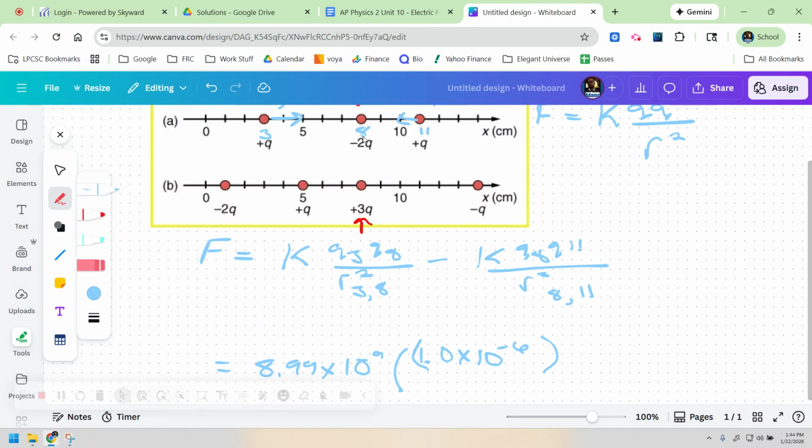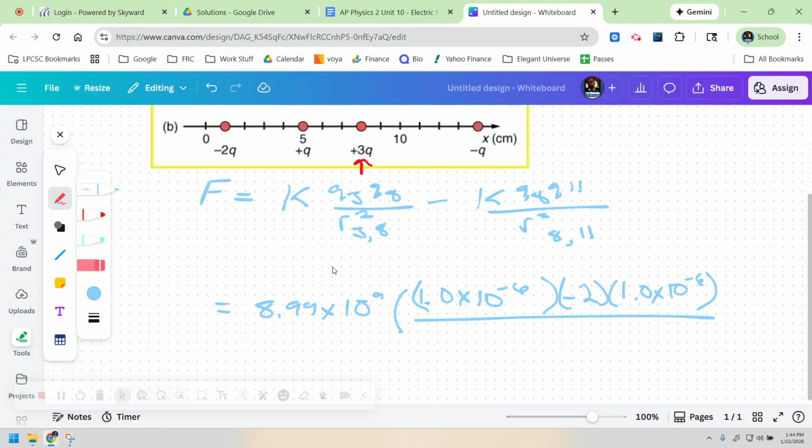And then we're going to multiply that by negative 2, also multiplied by another Q, which is 1 microcoulomb, or 10 to the negative 6, all over the distance between them.